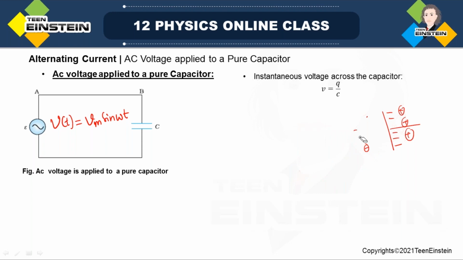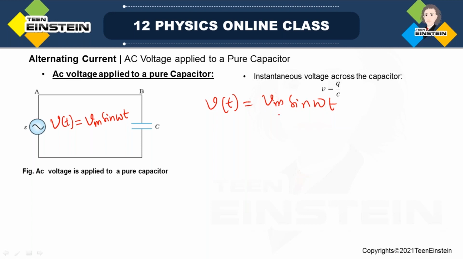So let us now learn this fact analytically with some equations and mathematical formulations. Suppose, as we have already taken, this voltage is varying like this: Vm sine omega t.